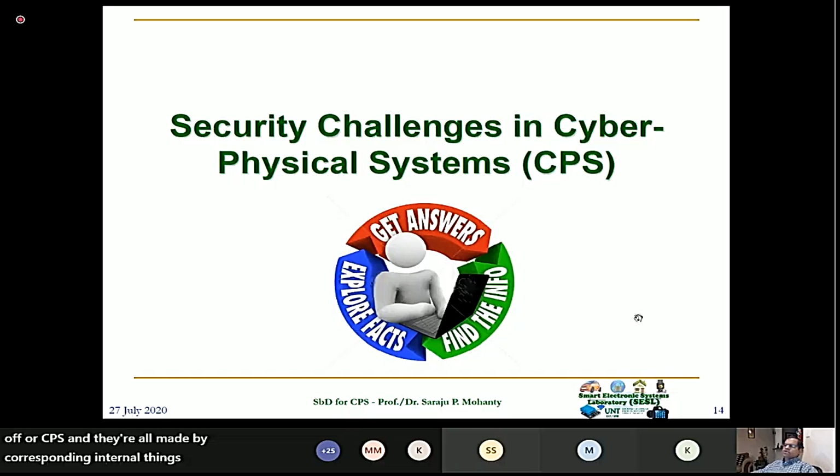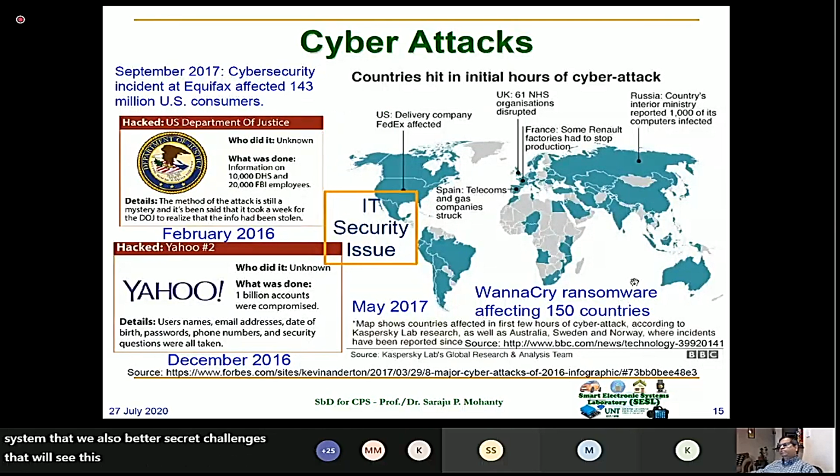Now, what are the security challenges of cyber physical systems? There are various security challenges that we will see. This is a picture that we see all the time. It becomes big news that this database was hacked, that database was hacked. These are cyber attacks happening, and I call them mostly IT security issues, not necessarily IoT security issues, but these affect a lot of people.